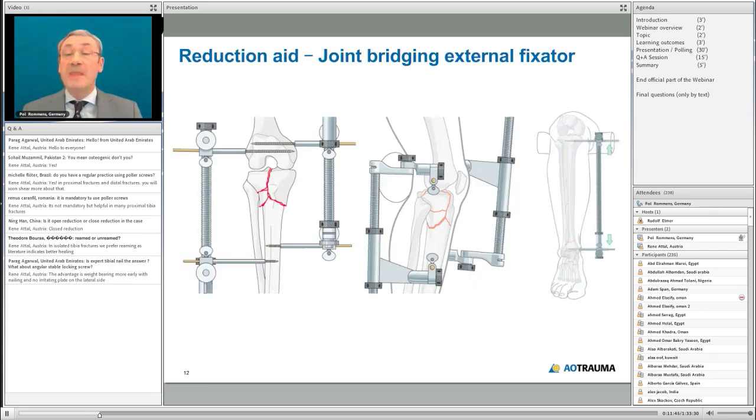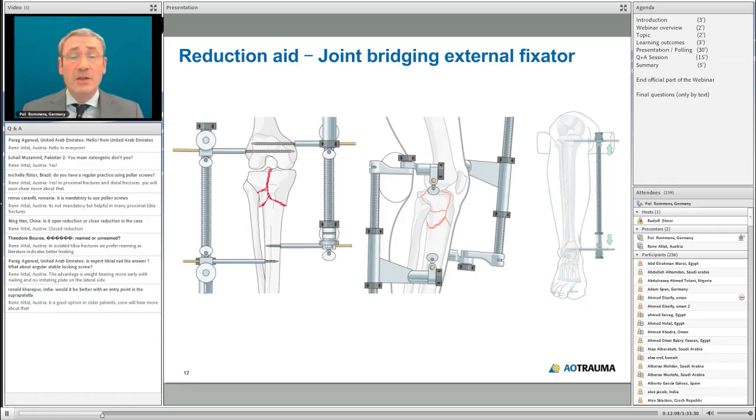Here you see a proximal tibia fracture with an intra-articular extension that is reduced and realigned with the help of two external fixators, one on the medial side and one on the lateral side. And both fixators are joint bridging.